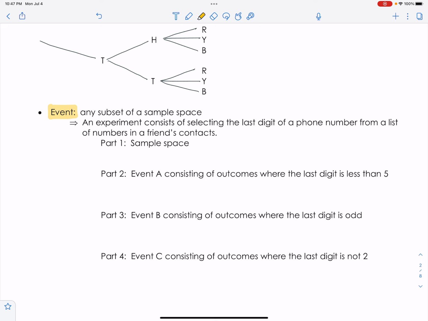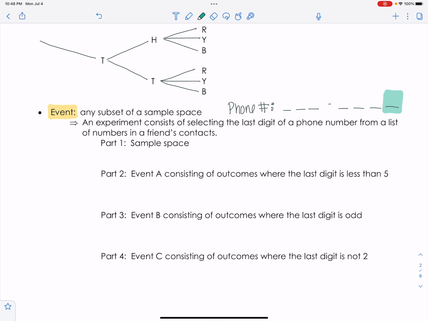So an experiment consists of selecting the last digit of a phone number from a list of numbers in a friend's contacts. What is the sample space? So I've got a phone number. We're not going to include the area code. I'm looking at that very last digit as what I'm focusing on for my experiment.